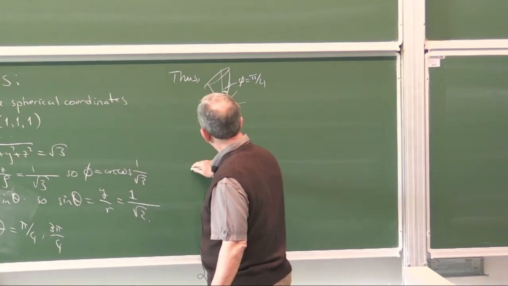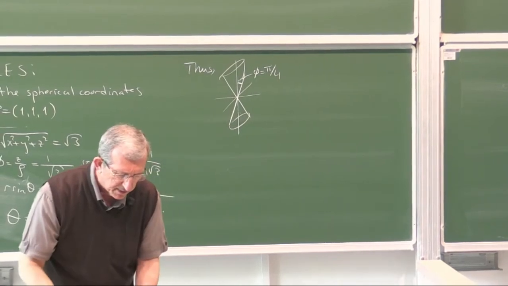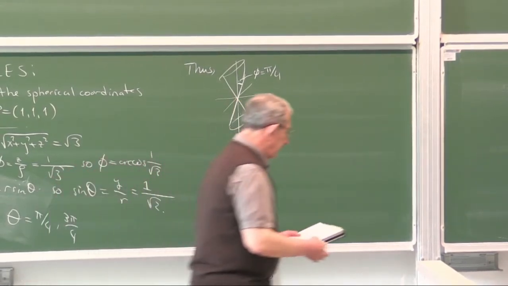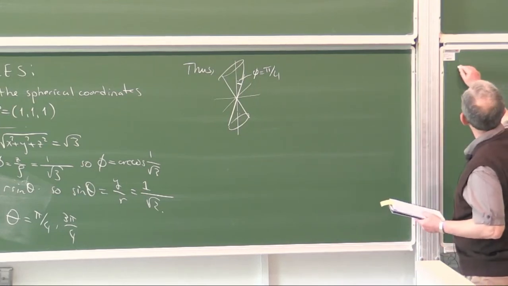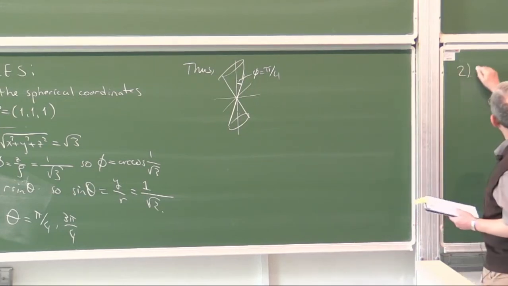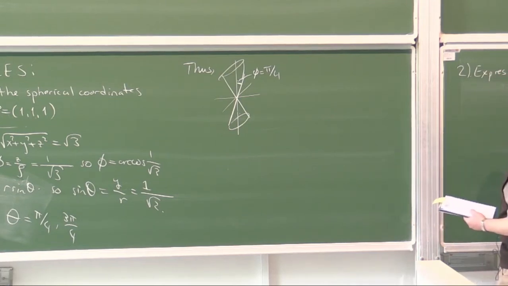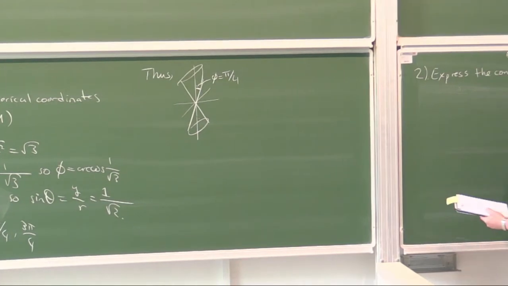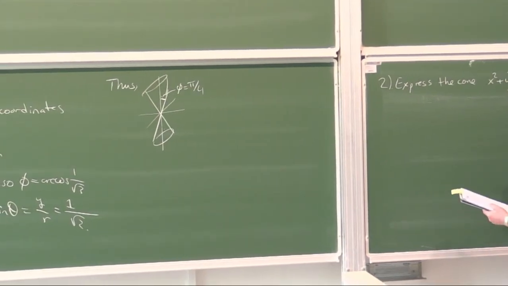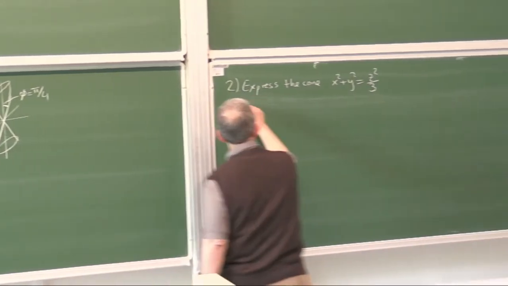Now, as a second example, let us express a cone. Express the cone x squared plus y squared is z squared over 3 in spherical system.